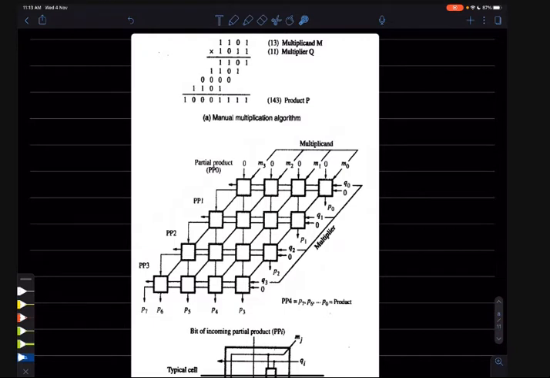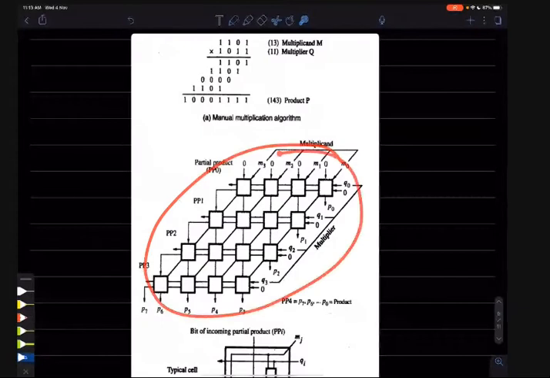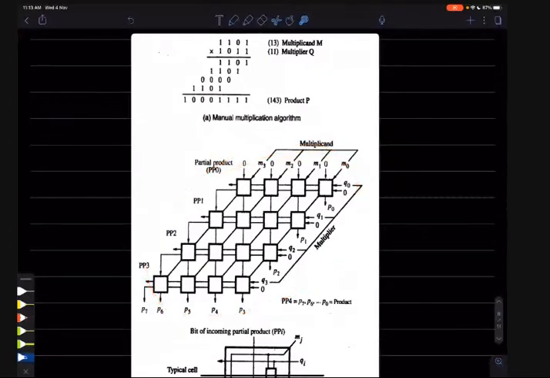What will happen if this 4 bit is 32 bit or 64 bit? If you want to do 32 bit or 64 bit multiplication, for a large number of bits, this diagram will be very complicated and very big. Yes, so time complexity means delay. So what may be the longest delay in this case?